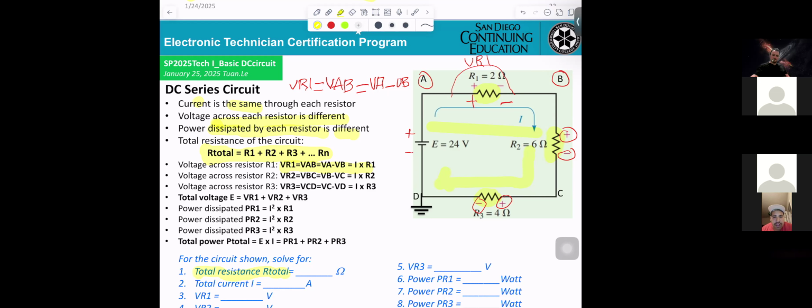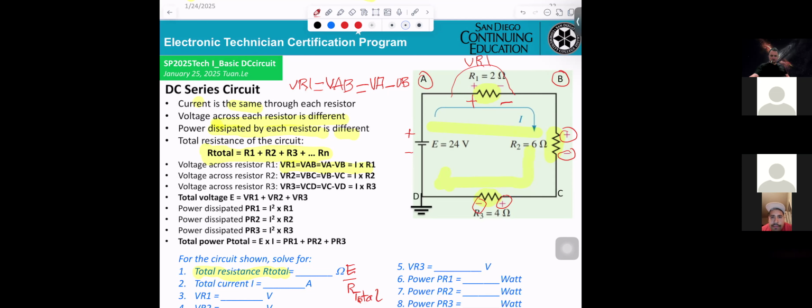Total current means E divided by R total, the 12.